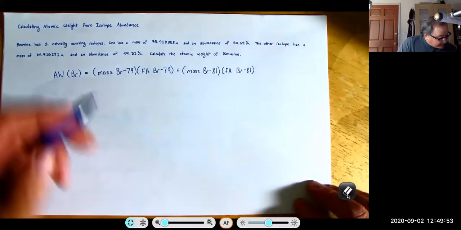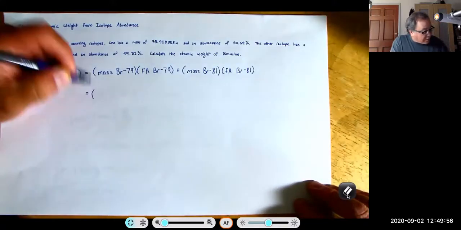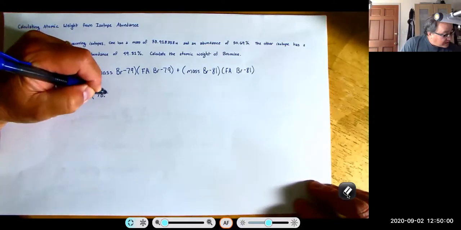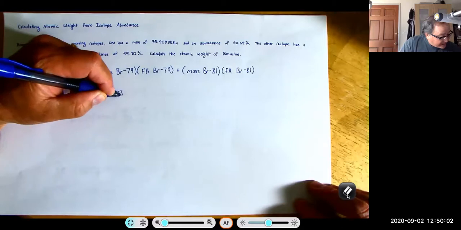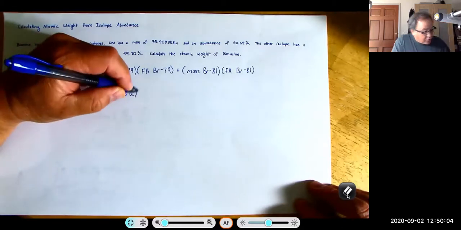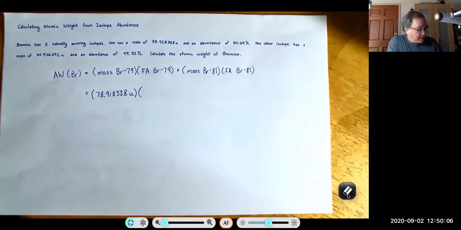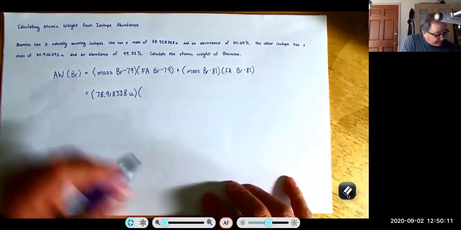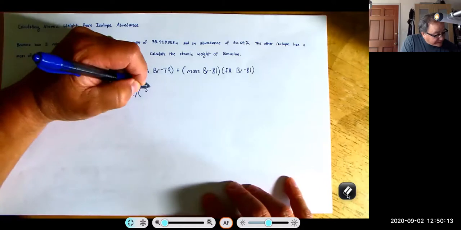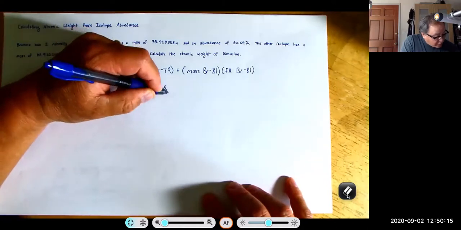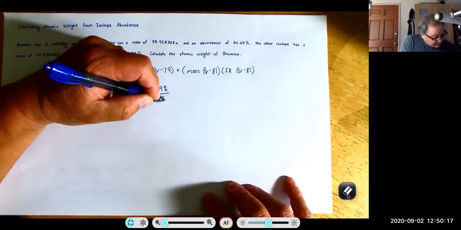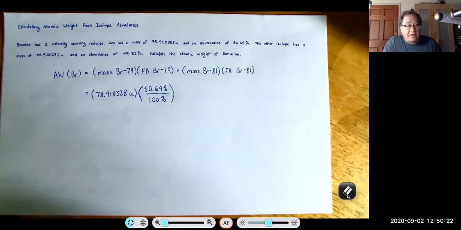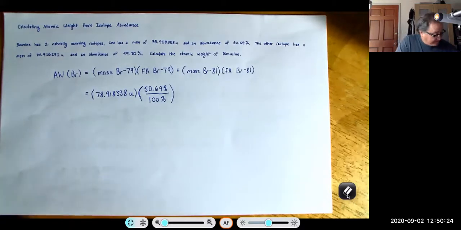So now let's fill in the blanks. What is the mass of bromine-79? It's 78.918338 u. Notice I keep the unit there. Now, what is the fractional abundance of bromine-79? It's 50.69% over 100%. The definition of percentage is that it means over 100, so that's what I've just done.